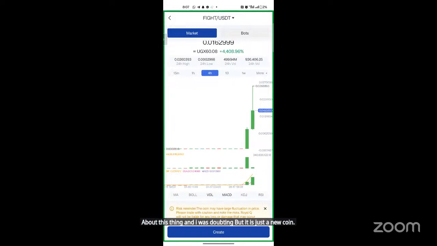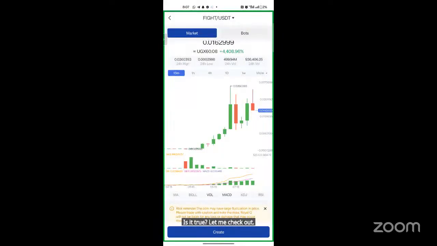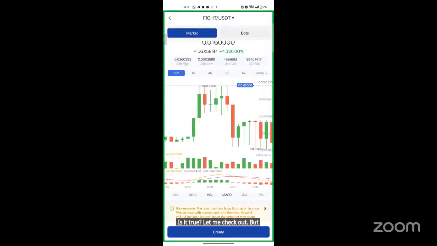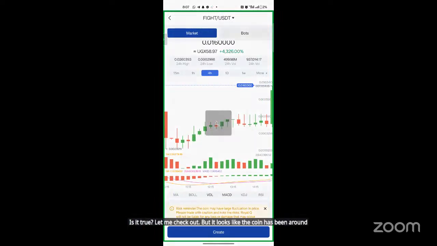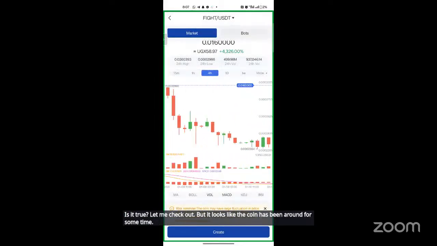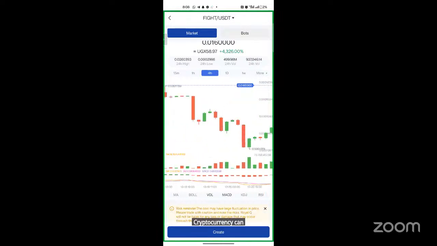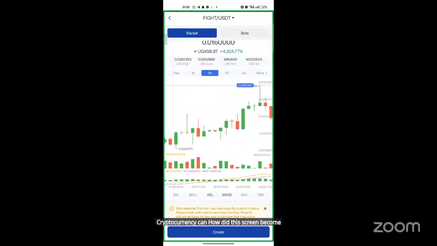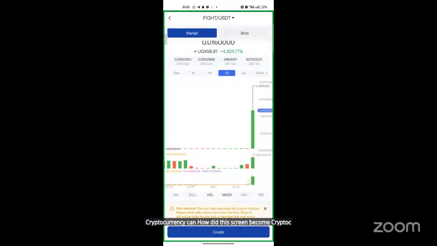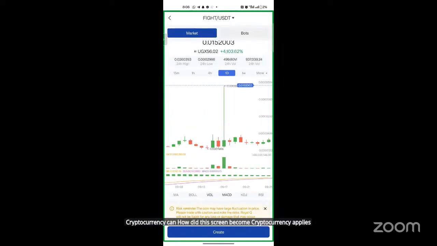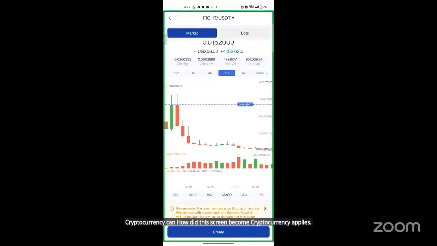Is it true? Let me check out. No, but it looks like the coin has been around for some time. Crypto can. Now, how did this coin become Crypto Can, a surprise, from nowhere?